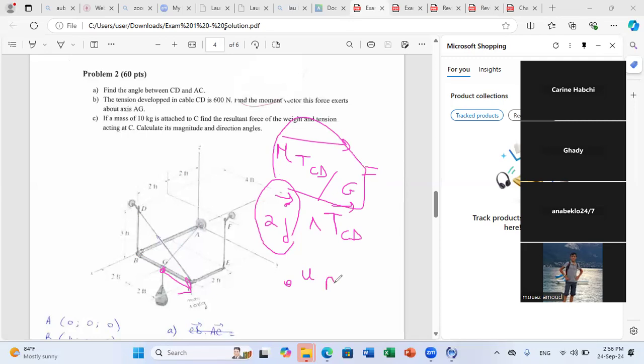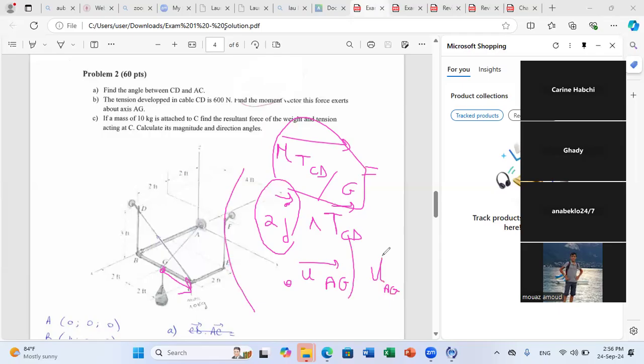But if I want the moment vector, after I do dot uAG and get the component, I should multiply again by the unit vector of AG. If you don't want to do this, no problem.